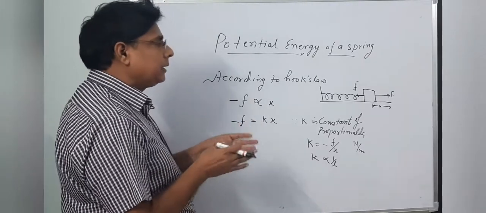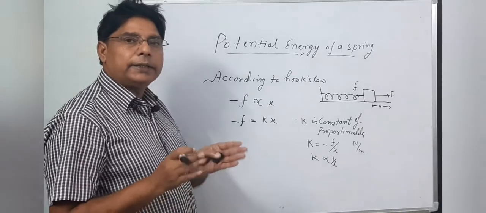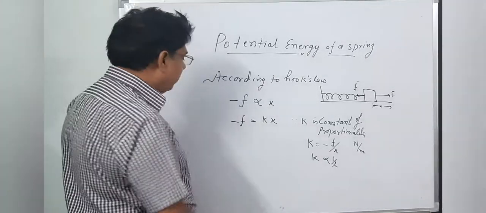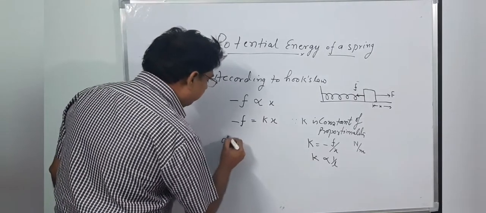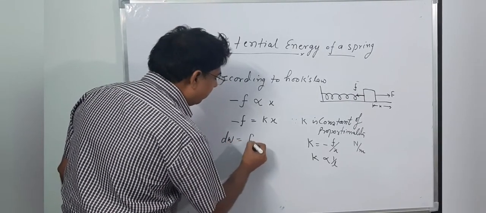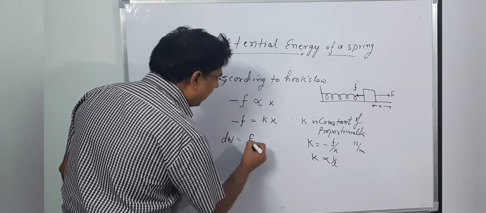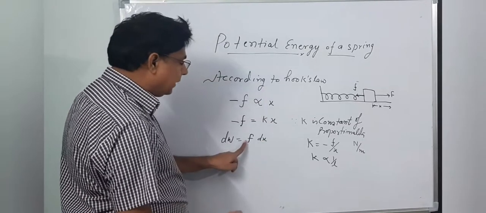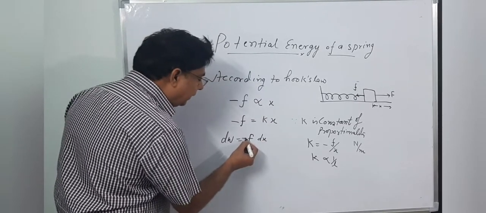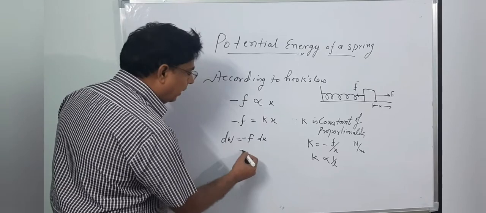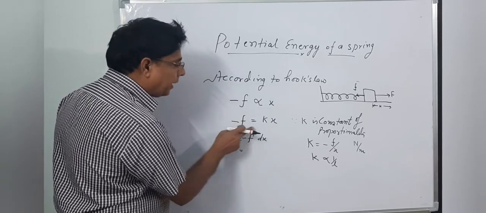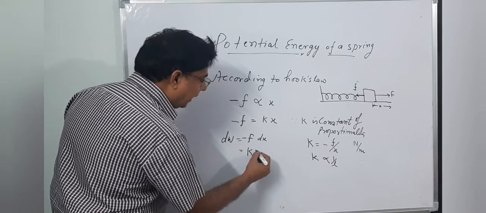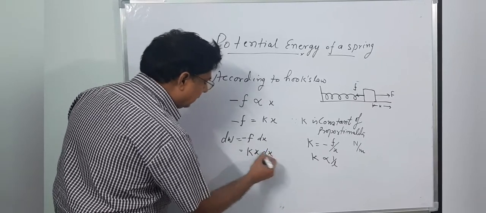Suppose we displace this spring through an infinitesimally small displacement, then the small work done will be given by dW equal to F dx. As this F is negative, I will write this force as negative here, and we know the value of this negative F equals kx, so we put this value here, that is kx dx.